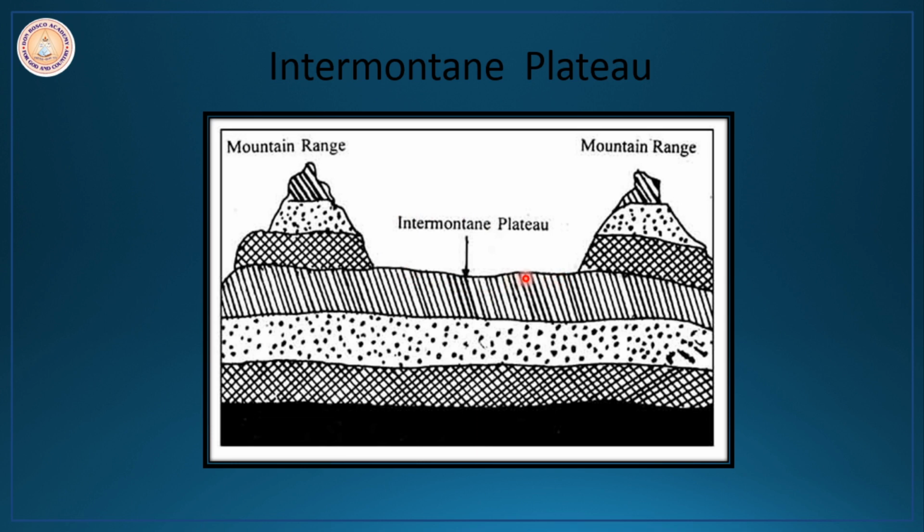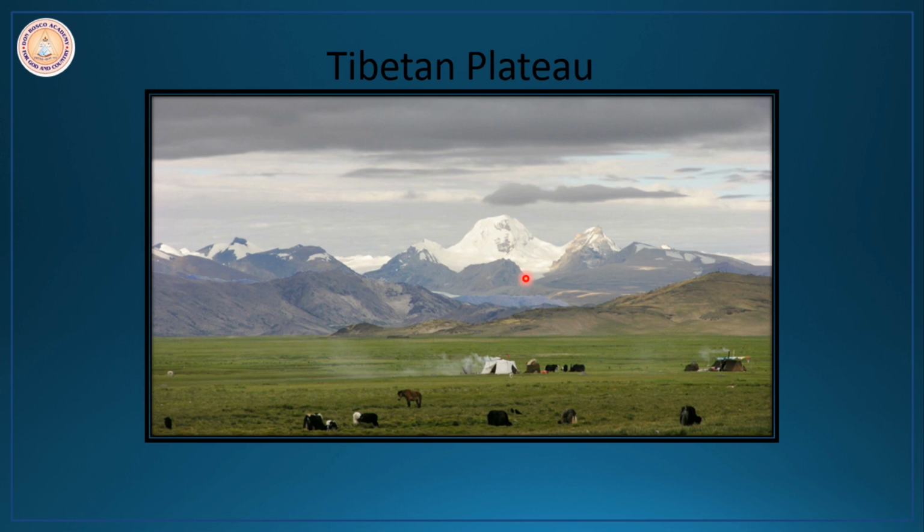For example, the Tibetan Plateau, which is known as the roof of the world and is located between the Kunluns and the Himalayas. You can see how the plateau over here is surrounded by new fold mountains.